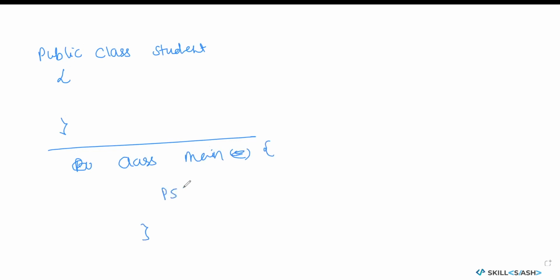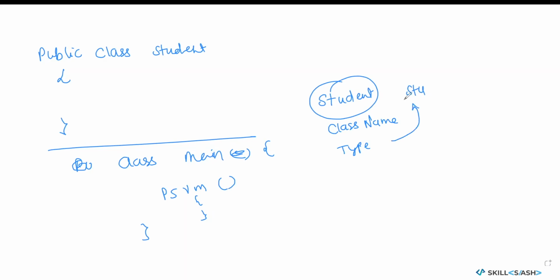And over here, you have public static void main. And in that, you can create an object. How to create an object? As I say, student s2. Student is the class name, the type for this object. The object is of stu, but of which type? The student type. And equals to new student. In this way, it should be created.